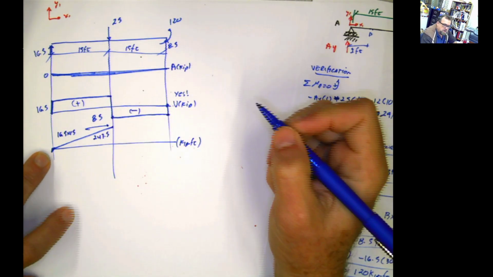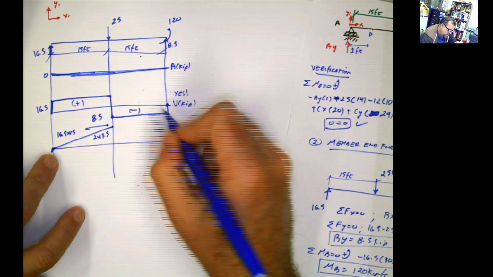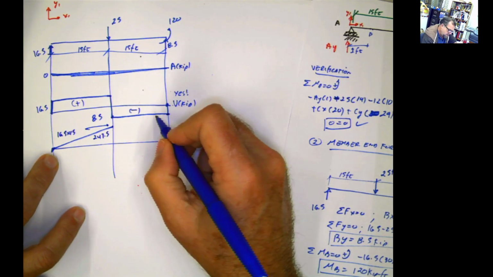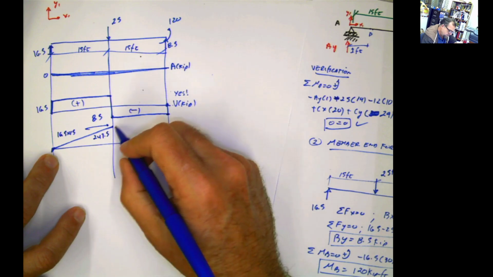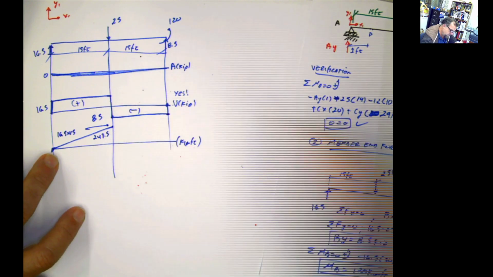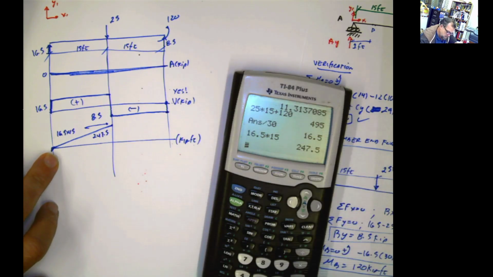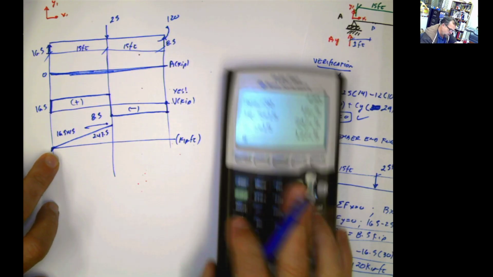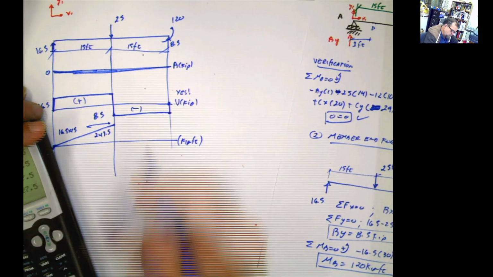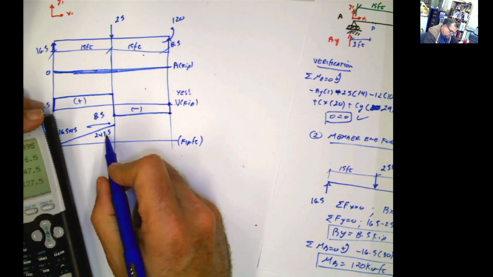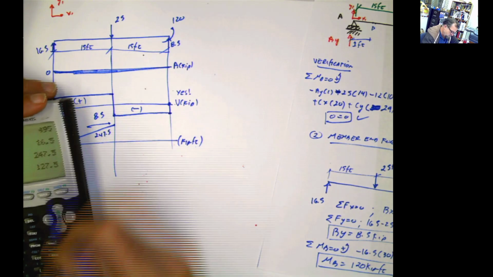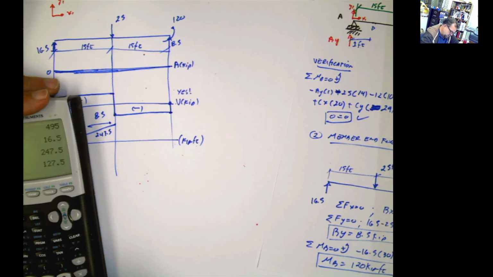There you go, 247.5. And now you find this negative area here, and this negative area here is 8.5 times 15, negative 127.5. So this is gonna come from the 247.5 that I had before. 247.5.